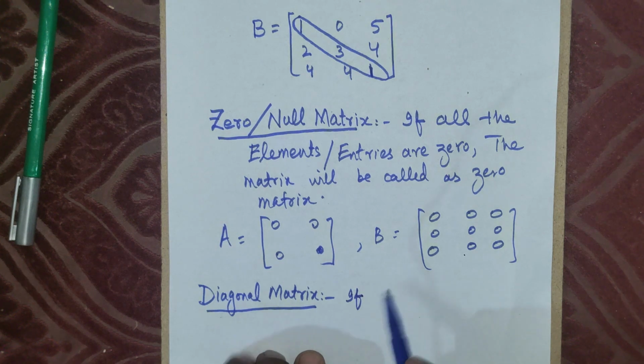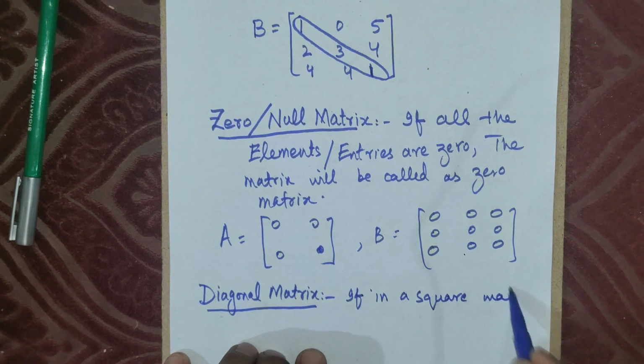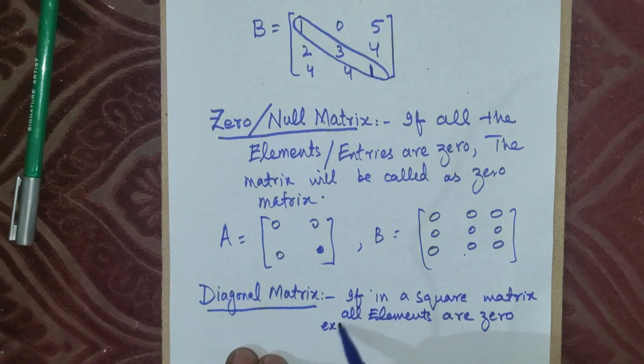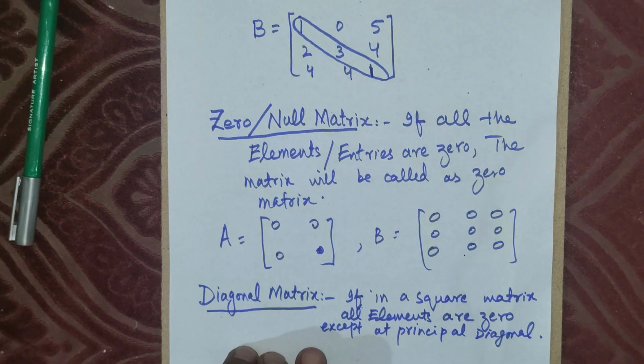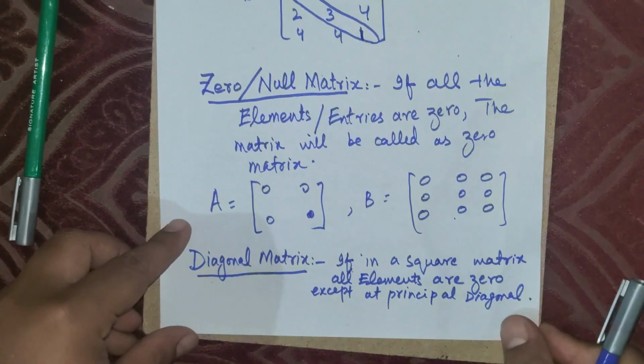If in a square matrix all the elements are 0 except at the principal diagonal, then such a type of matrix will be termed a diagonal matrix.